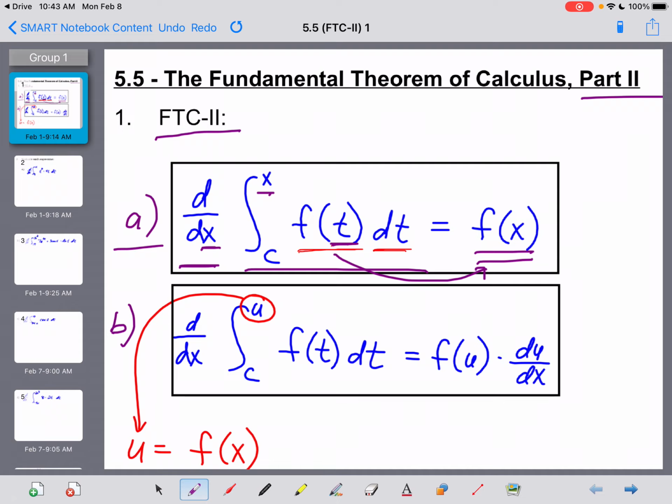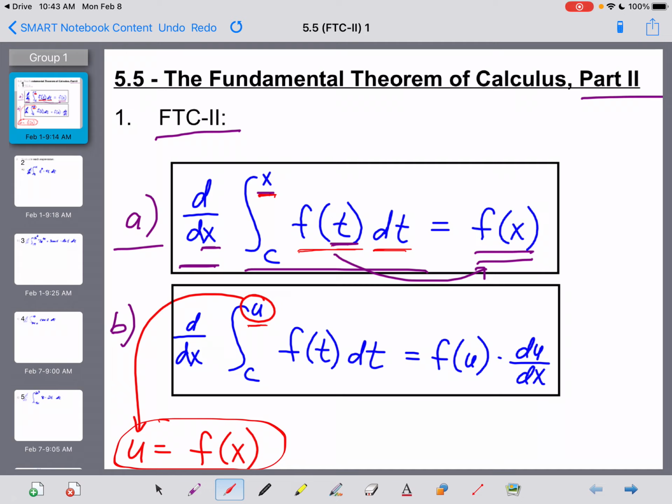Version B, right below it, is really the exact same thing. The only thing you will notice that's different in the entire left-hand side is that the x that was the upper limit of integration has now been replaced by a u. And this is a reminder of something we've talked about earlier in the year and will continue to talk about later in the year, that u represents a function of x.